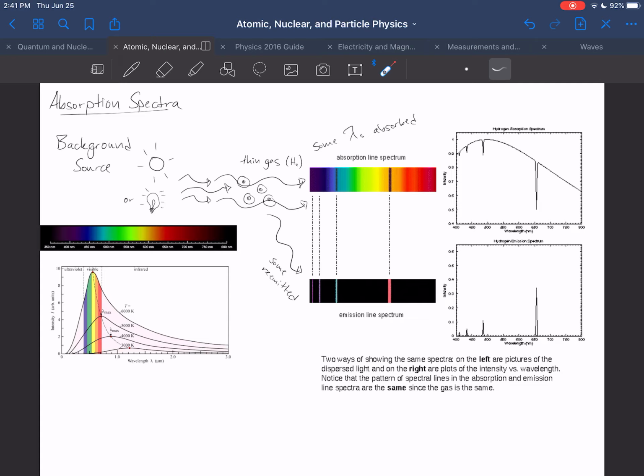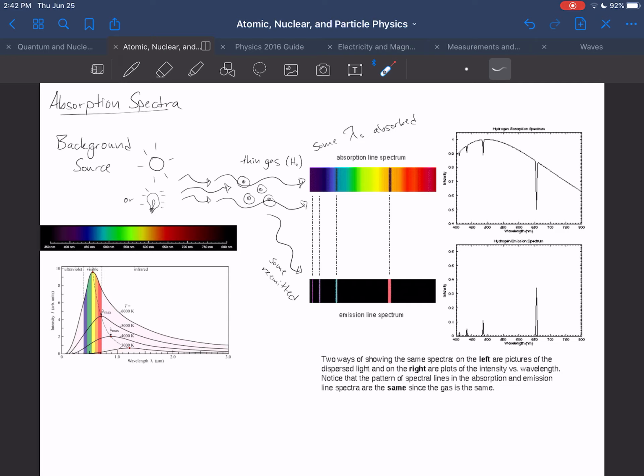So fundamentally, what's going on with an absorption spectrum is that if you think of an emission spectrum as being the bright outcome of this process, as described before, an absorption spectrum is kind of the shadow of this process.